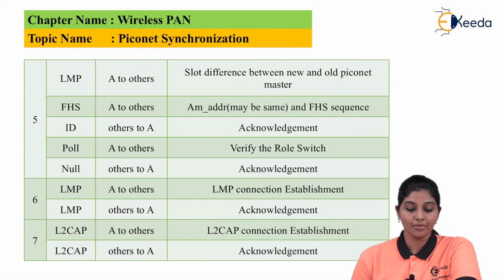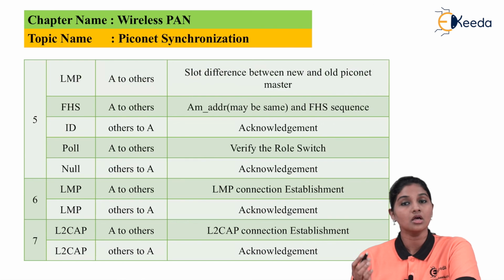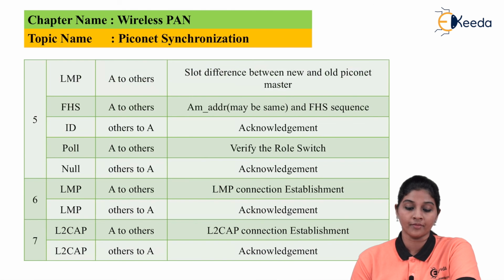Now the L2CAP is used for establishing the connection between the other devices and A. The direction of L2CAP is from A to other devices, and in response, other devices send L2CAP to A as an acknowledgement. Basically the role switching between B and A, that is between the master and slave, takes place.